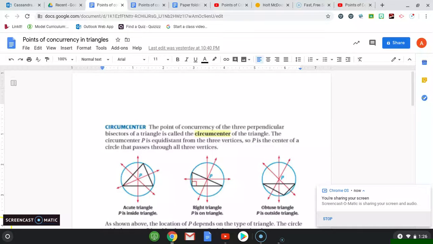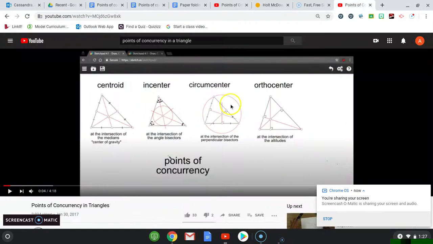We were talking about all of the special segments in a triangle, like the perpendicular bisectors, the angle bisectors, the medians, and the altitudes. And the first thing is that if you are to draw all of the medians in a triangle, they will all meet at one point, and we call that point the centroid.